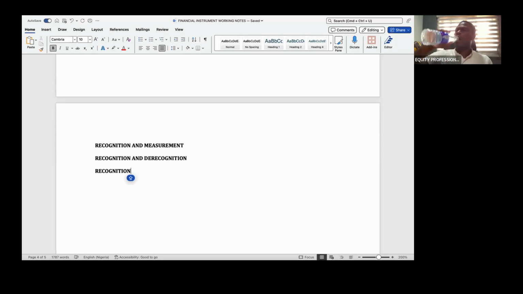In this case, the item we want to recognize into our financial statement is financial instruments. So we're looking at recognition of financial instruments.